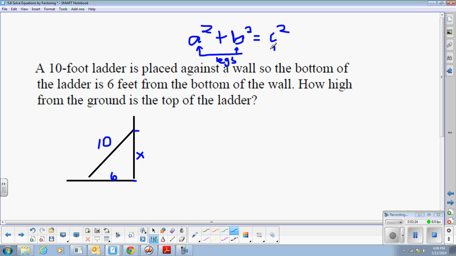And your hypotenuse, your longest side, that's c. The legs form the right angle of the triangle, and the right angle is the ground and the wall. So I would say 6 squared plus x squared, that's my legs, equals 10 squared.